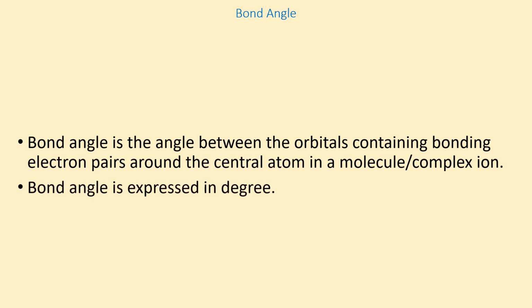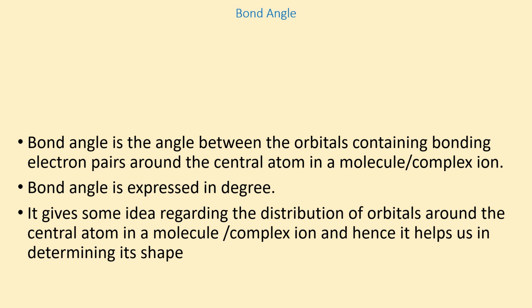Bond angle is expressed in degrees, which can be experimentally determined by spectroscopic methods. It gives some idea regarding distribution of orbitals around the central atom in a molecule or complex ion, and hence it helps us in determining its shape.